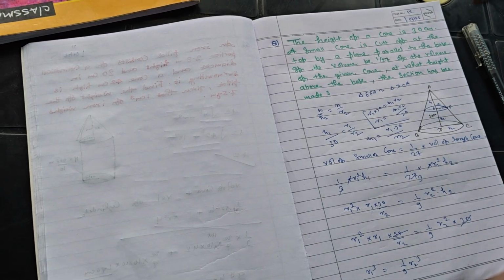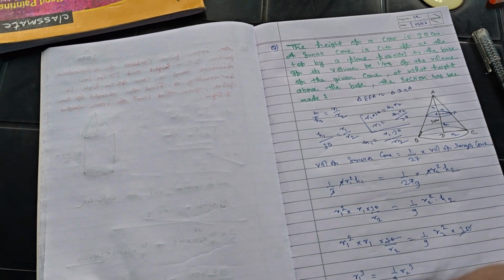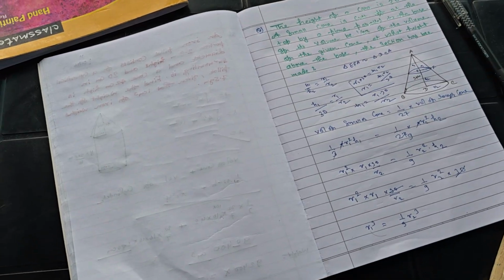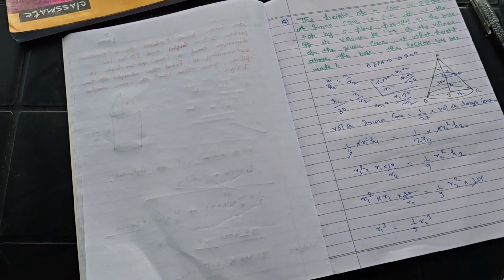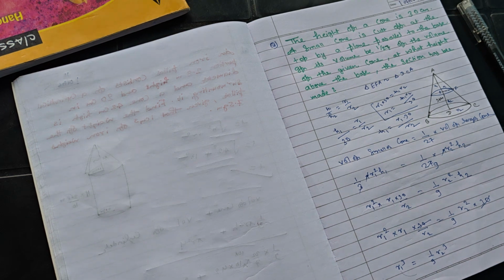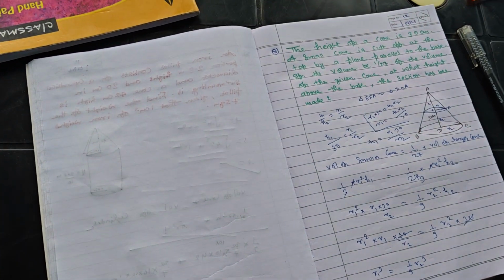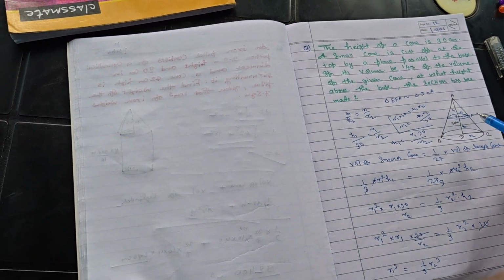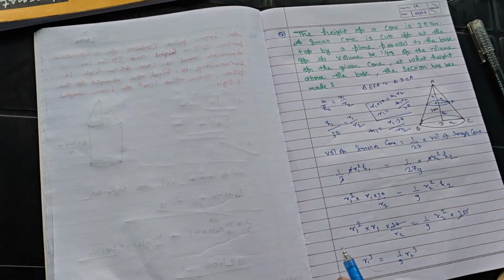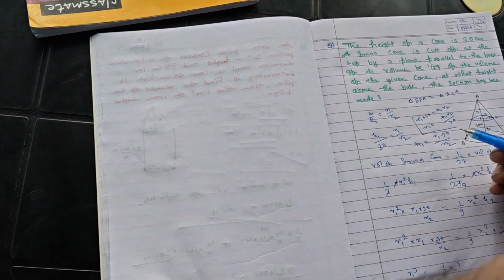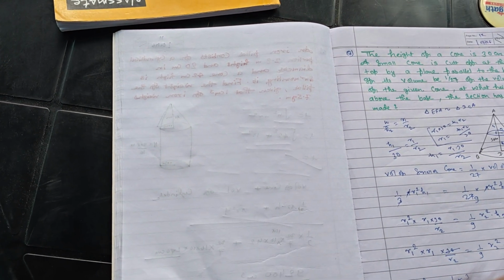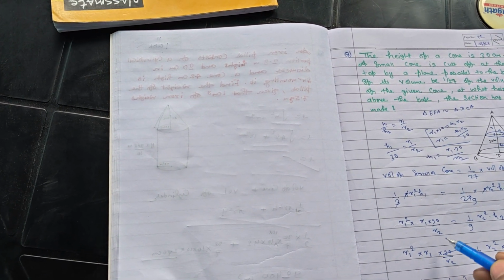Here we need to find out in terms of height. Basically we need to find out the height of h1. So we can write in r1, and we cancel out this.